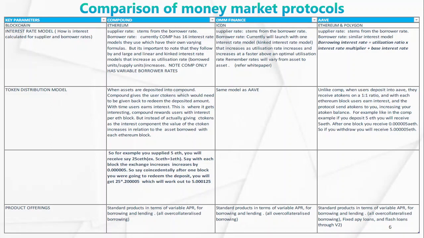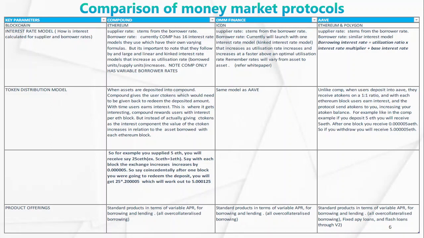The supplier rates, or the interest you earn from providing liquidity, are paid by the borrowers. In Compound, Aave, and also Ohm, it's the same model, paid by the borrower. The rates and the calculations they use vary.